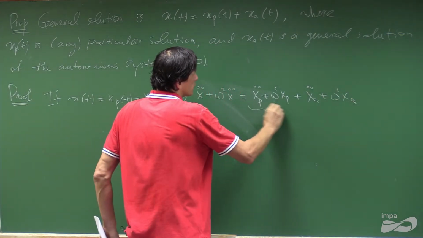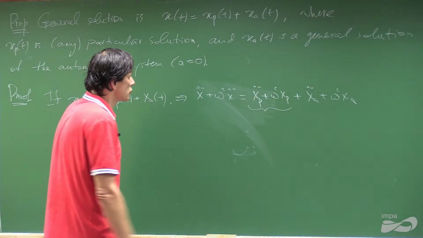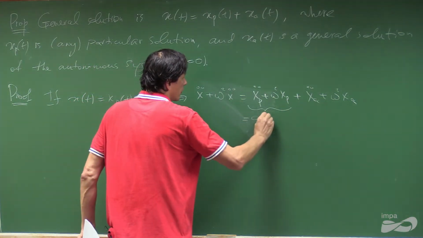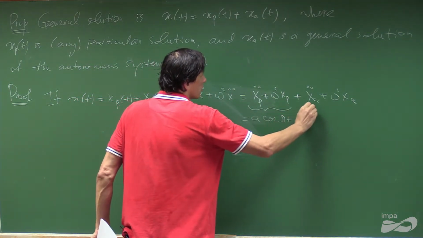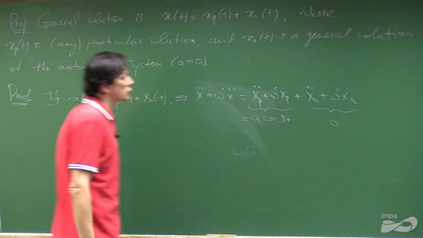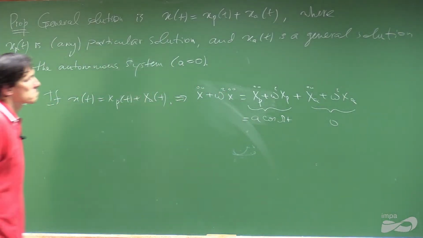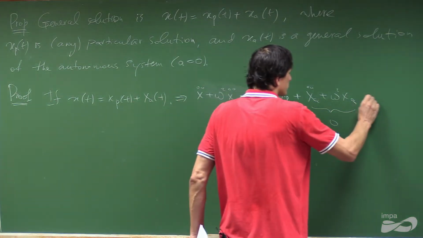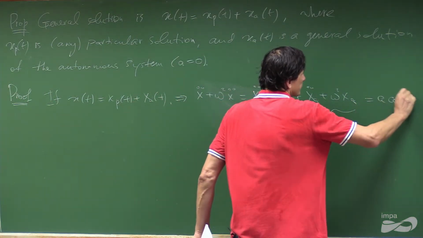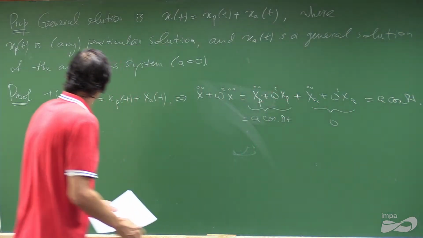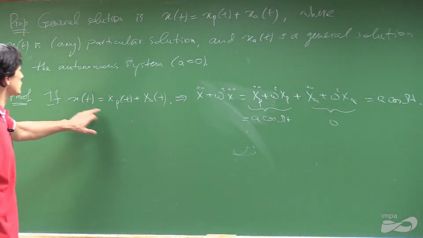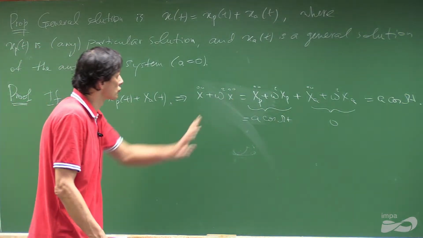Now we know that this is a particular solution, so this should be equal to A cosine omega t. And this we know is 0 because it's a solution of the autonomous system. So we know that if x is represented in this form, it's always a solution.